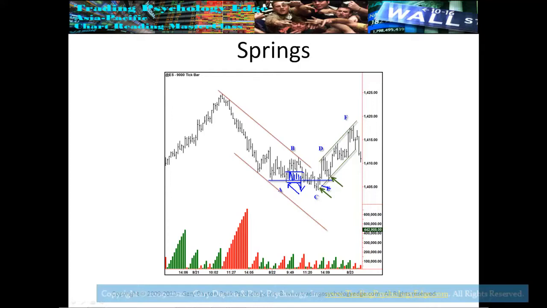The second attempt to spring is more powerful than the first? Here you mean? Yeah, because it does. This is just one of those instances. This happens in the S&Ps, where it just doesn't do what you expect it to do right away. Look at how many times it came down here.